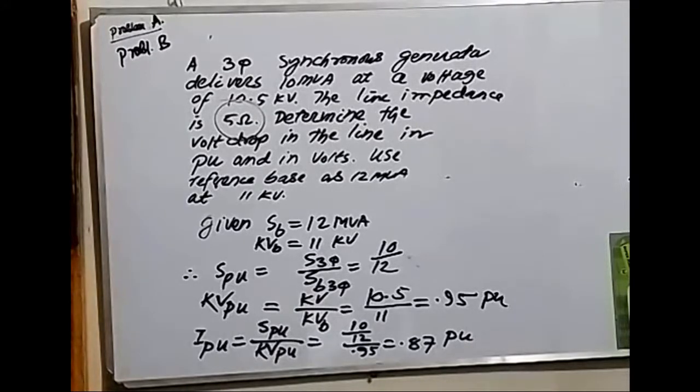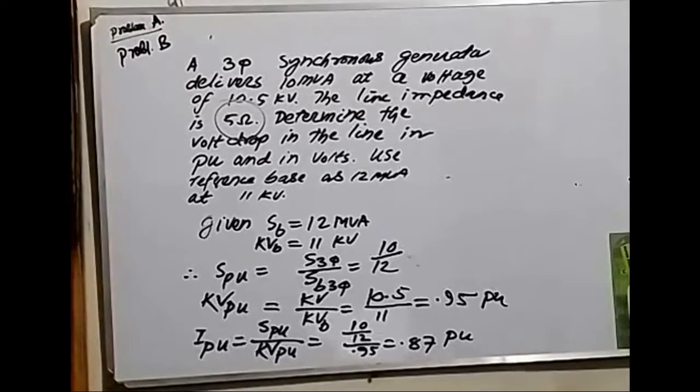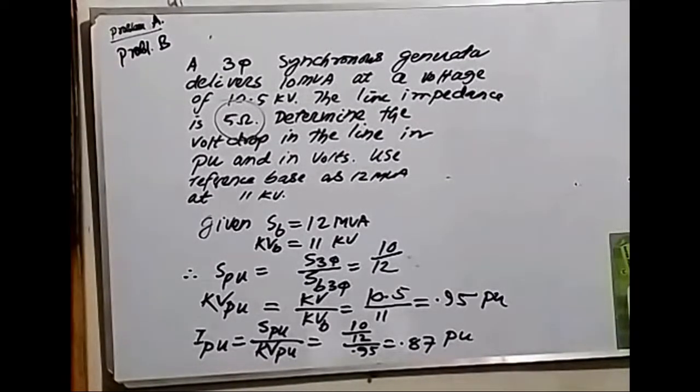SB means base MVA. Now S per unit, that is MVA per unit, equals S 3-phase divided by SB 3-phase. S 3-phase is 10 MVA given in the problem, and we have taken base MVA 12.